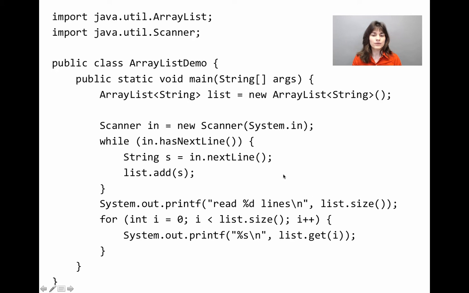Finally, after the user has input all of the lines that the user wished, we can print how many lines we have actually stored, and that will be the size of the list, because notice we store line after line at each position of the ArrayList. So the size of the list will give us the number of lines that the user gave us. Finally, we can use list.size in order to create a definite loop, a for loop, and then print each of the lines that we read from the user by list.get at position i.